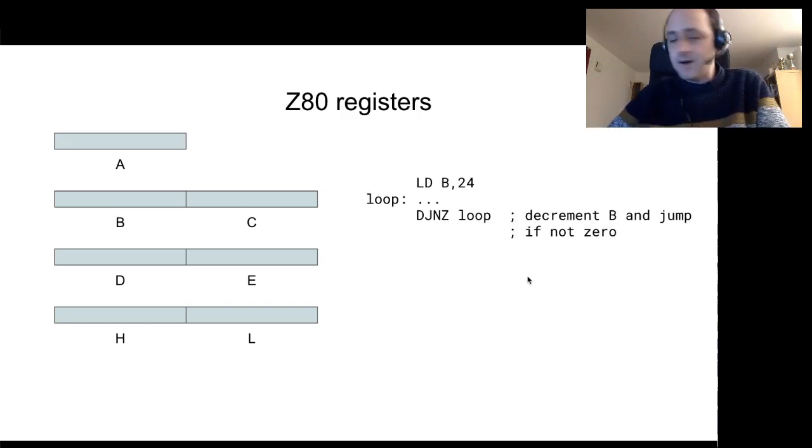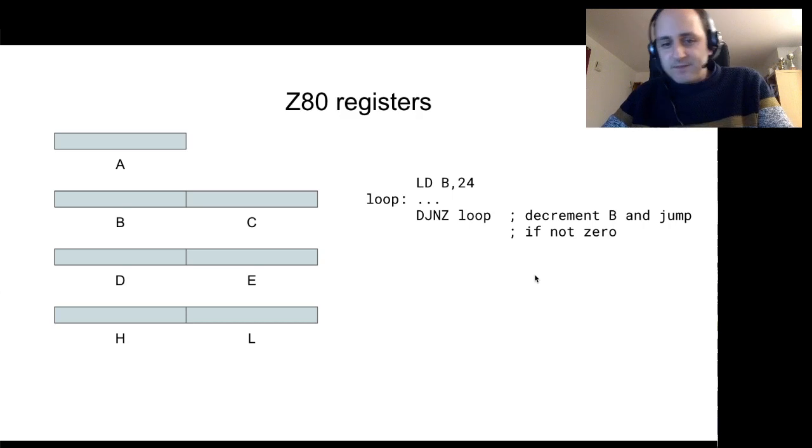B and C are often used as loop counters because there's a special instruction DJNZ, decrement B and jump if not 0, and if you've got a small loop that you want to run up to 256 times, you will load B with the loop counter, stick a DJNZ at the end, and then you're done.